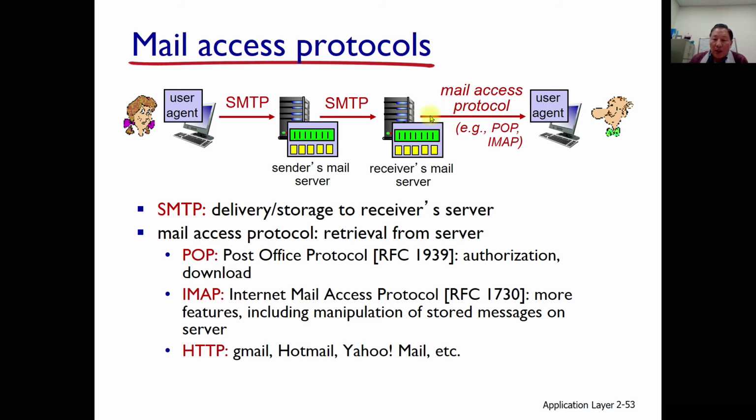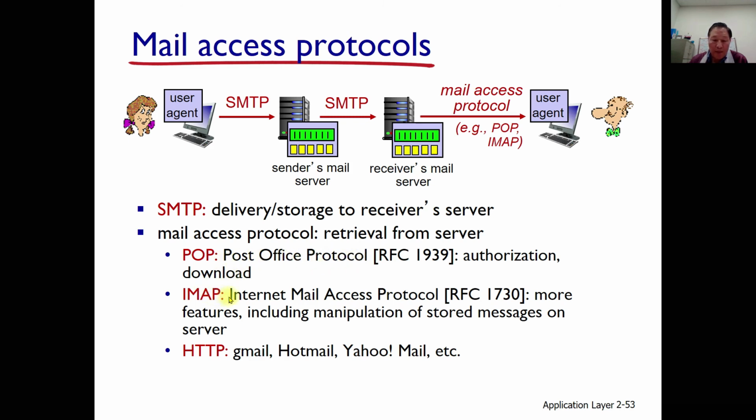And here, trying to get the received mail, here is the mail access protocol. What kind of protocols are being used here to retrieve from the server? Bob's user agent is using POP. That is a simple protocol, and the full name is Post Office Protocol.